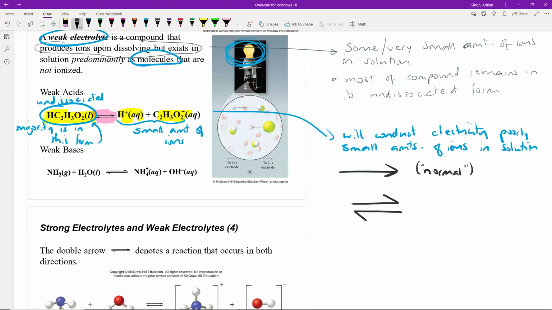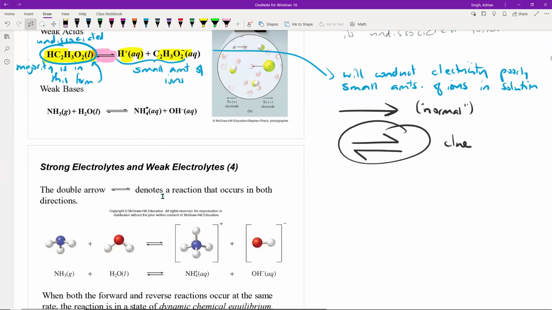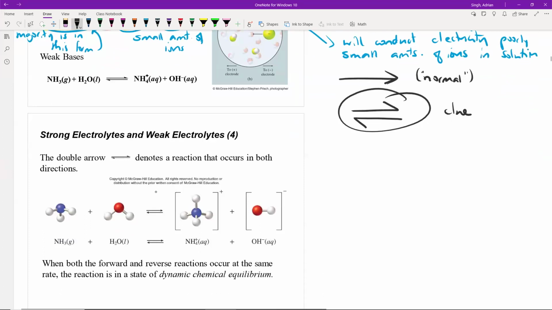This is your clue that whatever we're dealing with here doesn't dissociate completely. Yes, it goes left to right, but it also goes right to left. So this reaction goes in both directions: left to right, reactant to product, but also right to left, which is product to reactant.